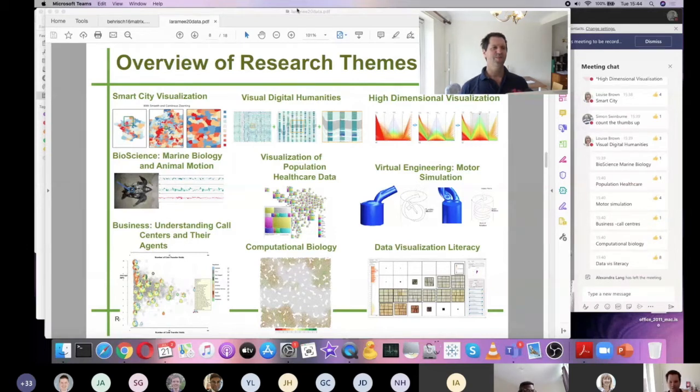And then the final one is data visualization literacy. We're working on experiments that investigate barriers to data visualization literacy. What aspects of data visualization prevent people from interpreting the images that they see correctly? This is another one of our ongoing projects.